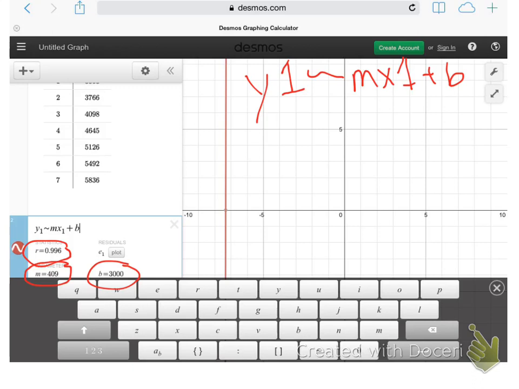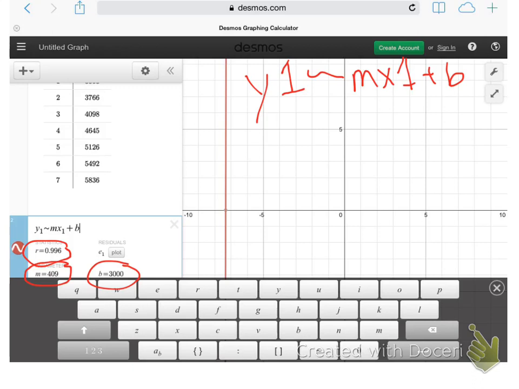So this is a correlation coefficient of 0.996. If you want to mess around with the graph, you can. We need to change our scale here so that we can actually see it. But I can already tell from my correlation coefficient that it has a positive slope, right? Because my correlation coefficient is positive. And that's really close to 1, so this is a really good fit.